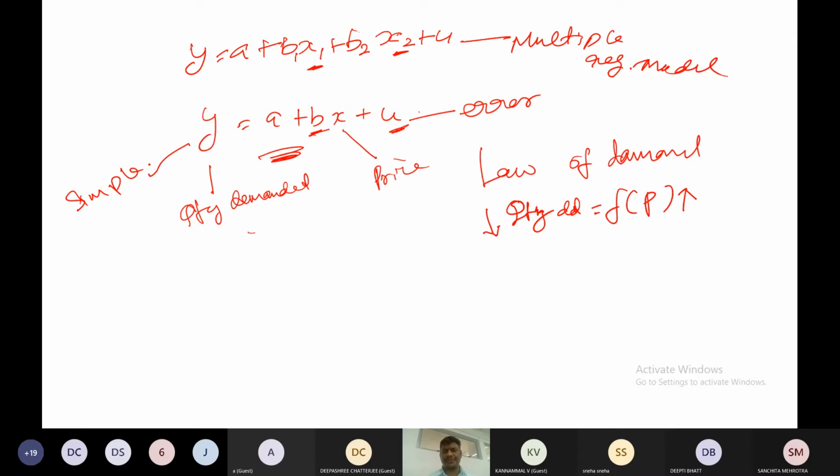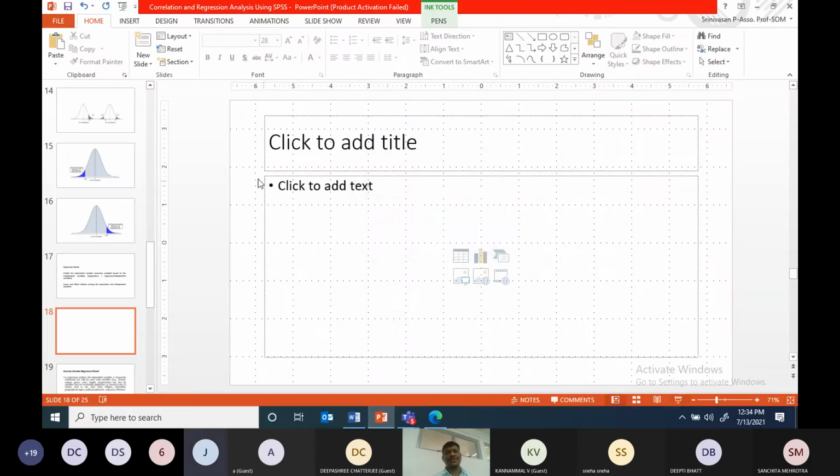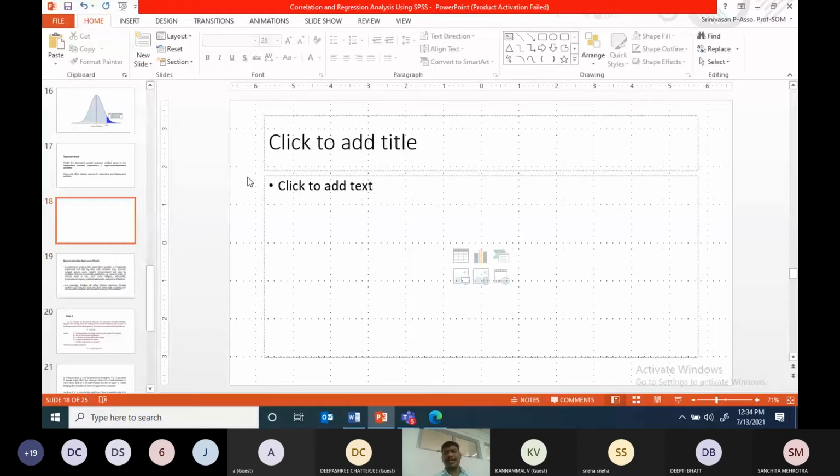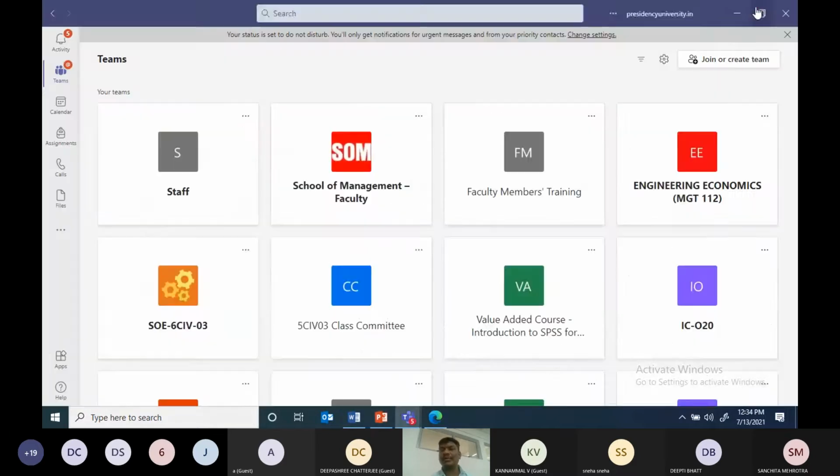Now we are going to estimate. You can take any example. Let me estimate one model and show you. This is very important.